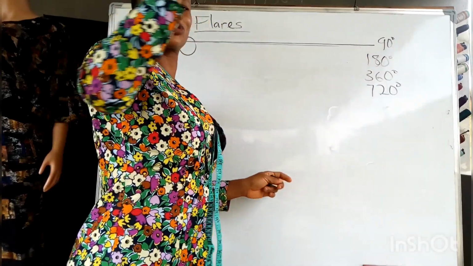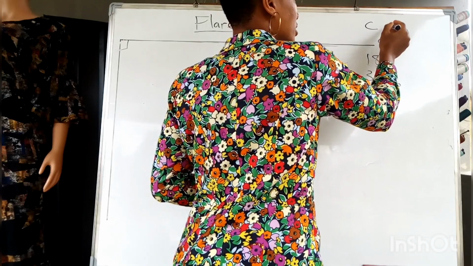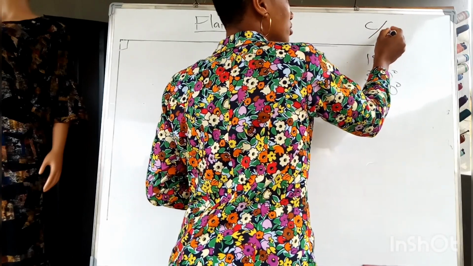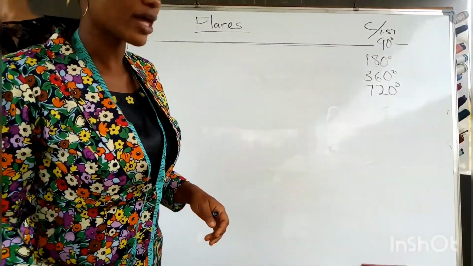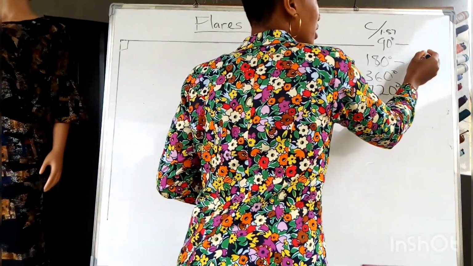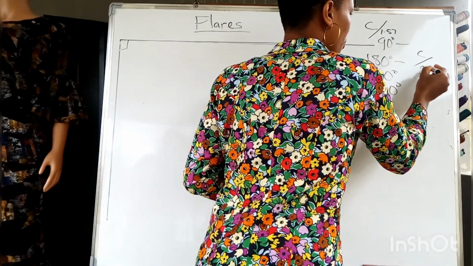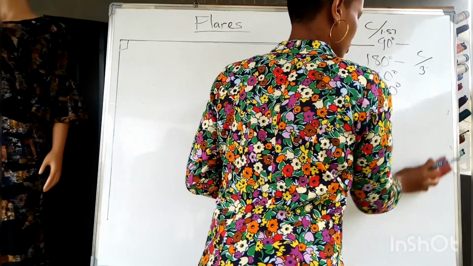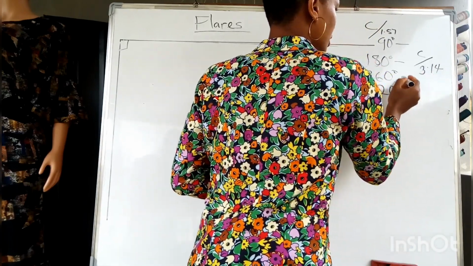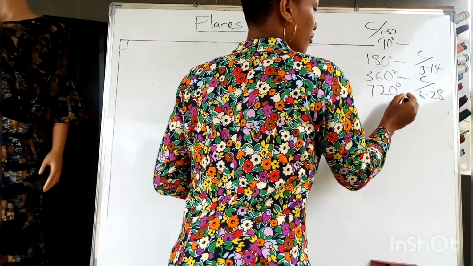Remember, previously we had discussed the 90-degree flare, and we said that in calculating a 90-degree flare, we have the circumference divided by 1.57, and that will give us the radius of the flare. In a 180-degree flare, we have the circumference, whatever circumference you have, divided by 3.14.